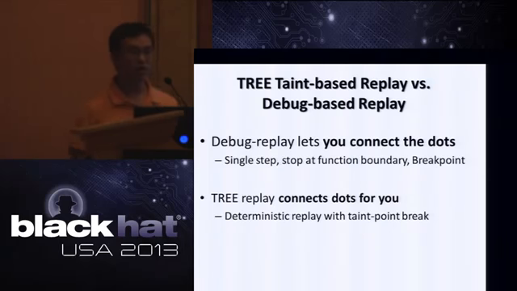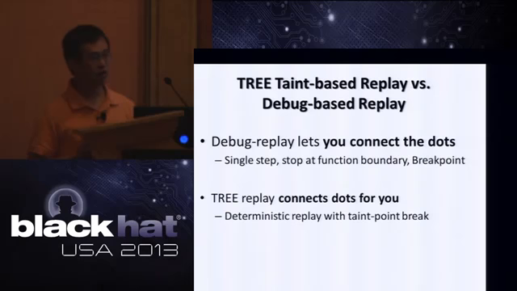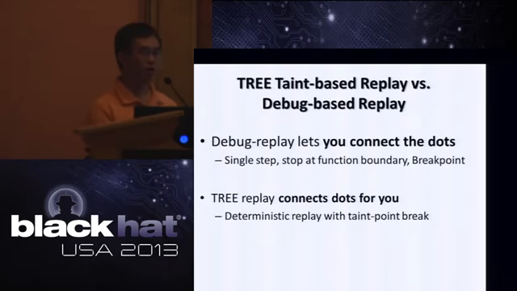So tree does it differently: it asks you to provide the data that you are interested in at the beginning from our GUI. Then you can choose what kind of way you want to track. You want to track how the values propagate, or you want to track how your data affects the control flow, the branch points. So you make that choice.